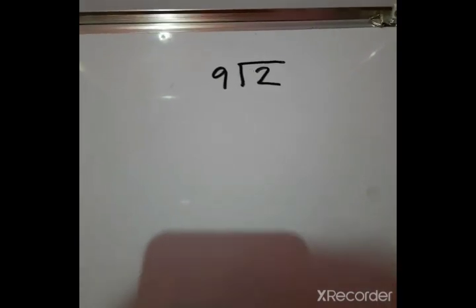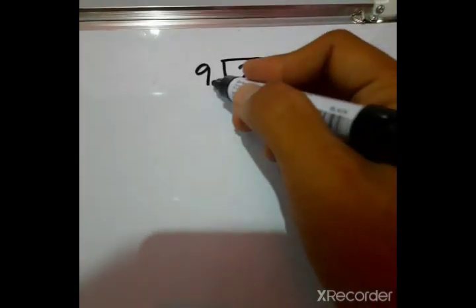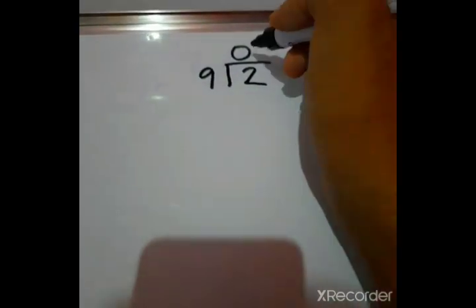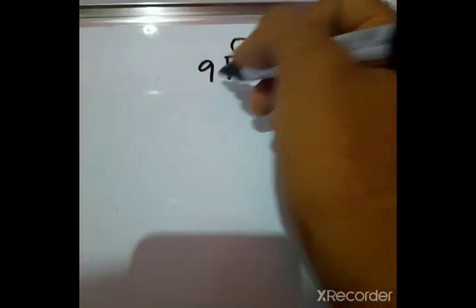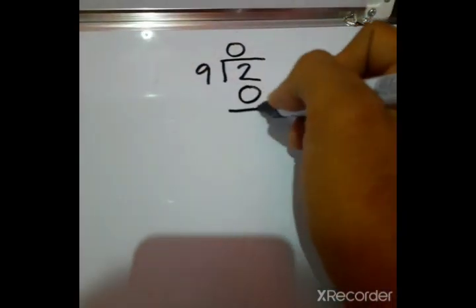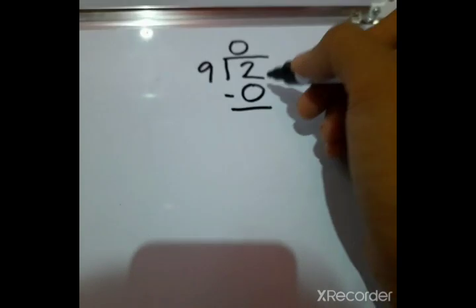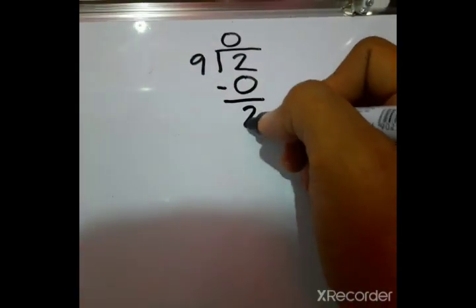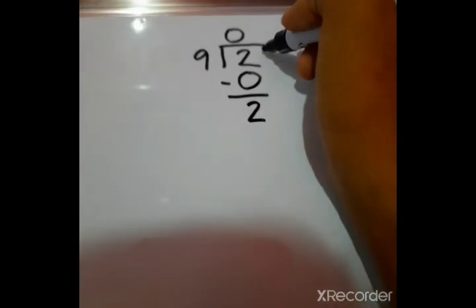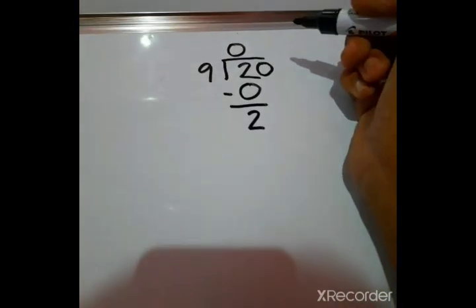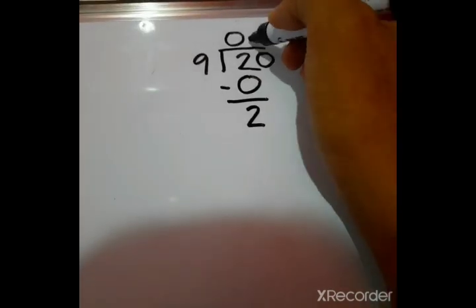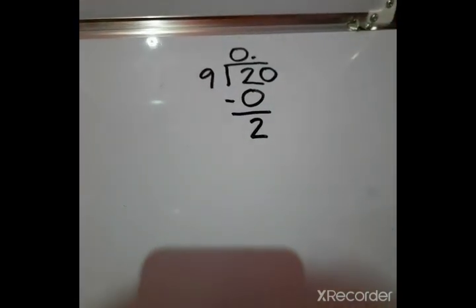So divide now. 2 divided by 9, the answer is 0. 0 times 9, the answer is still 0. 2 minus 0, the answer is 2. So we have remainder, add 0. By doing that, what are we going to add on top? It is decimal point.